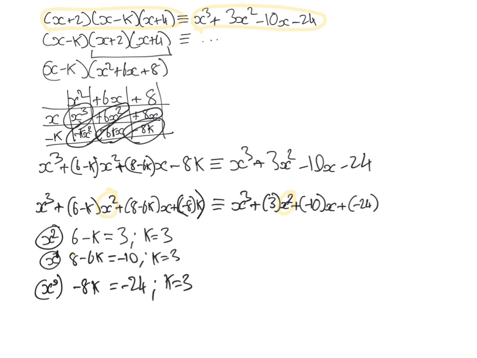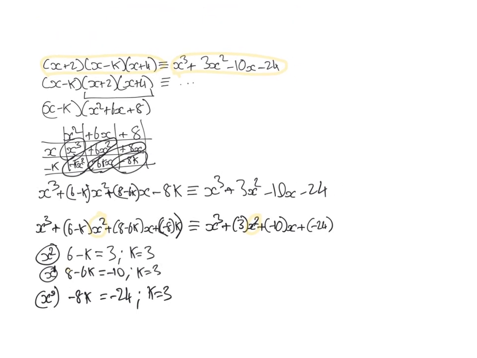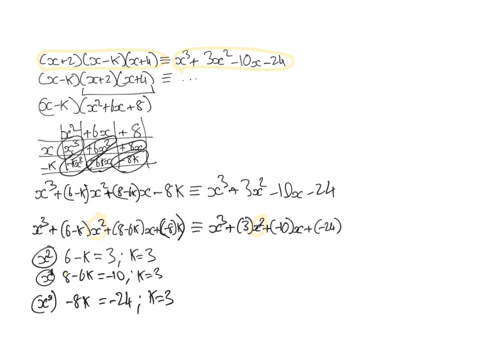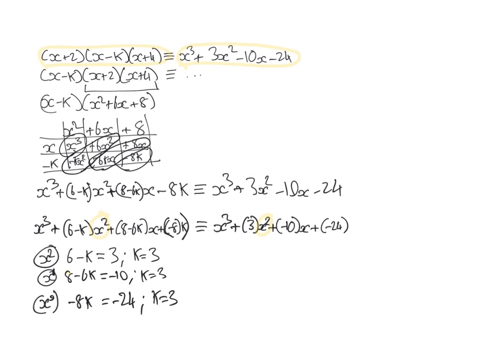The easier method relies on something we did before. If you remember, we said that when we multiply out using the grid method, there is only ever one x cubed term, the highest term, and there's only ever one constant term, in your little grid. So knowing that, we know that x times x times x has to be x cubed.